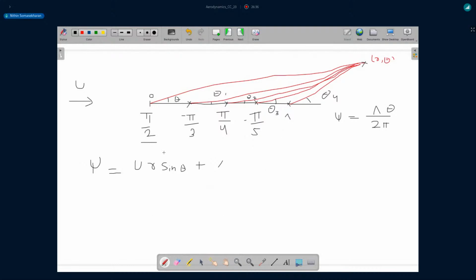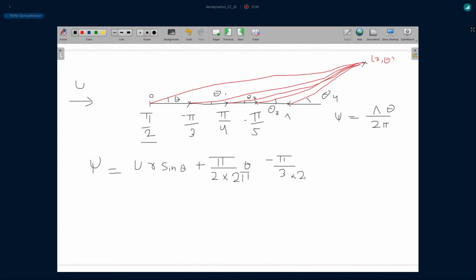So here the kappa value is pi by 2. So let me use the value of kappa. Pi by 2 divided by 2 pi into theta. And then you take this, minus pi by 3 by 2 pi into theta 1.